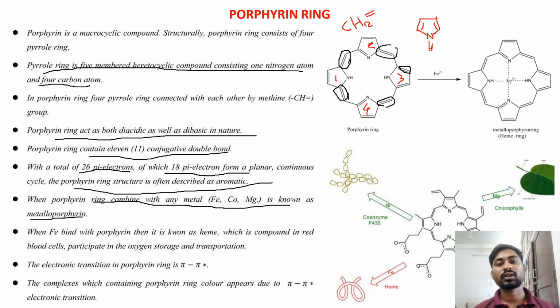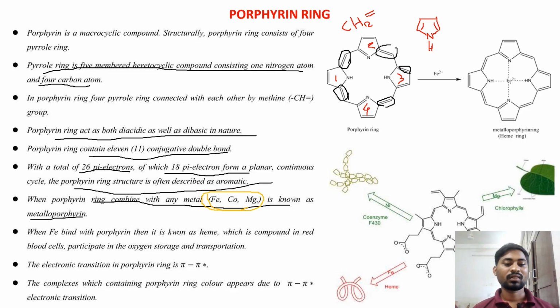Why metalloporphyrin? Because these are the metals: ferrous, cobalt, and magnesium. Magnesium is present in chlorophyll, as you know from earlier classes.